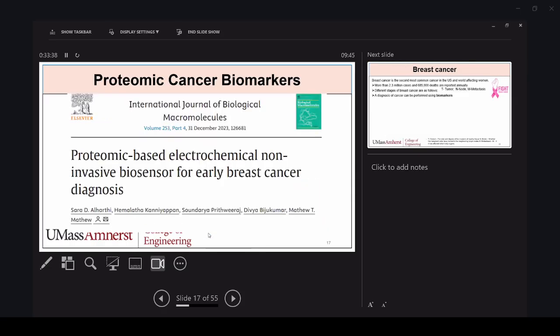We even published a proteomic-based electrochemical, non-invasive test for early breast cancer prediction, and in this work we used only one protein biomarker, which is ECM1.